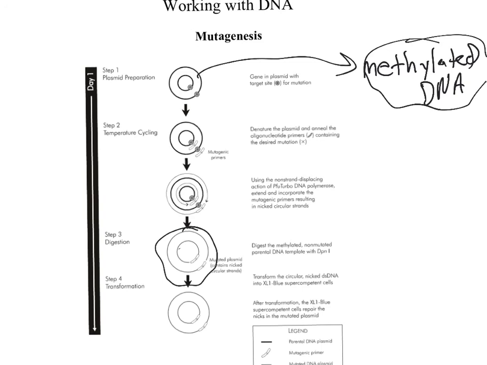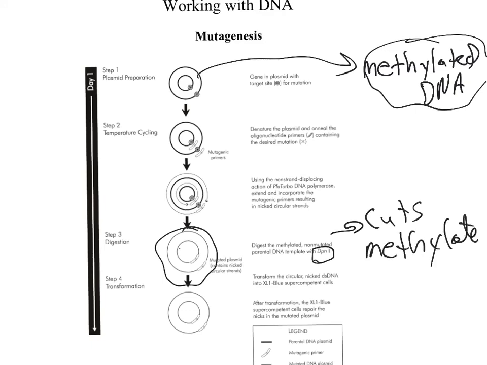So there's a restriction endonuclease called DpnI that just cuts methylated DNA. And so by cutting up the methylated DNA, you're getting rid of your parent strands, but you're keeping your daughter strands.